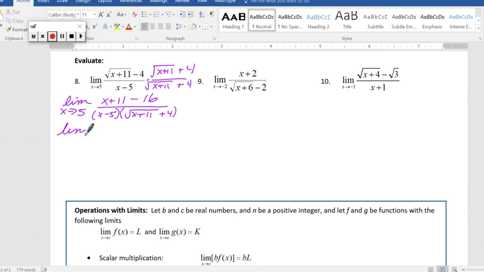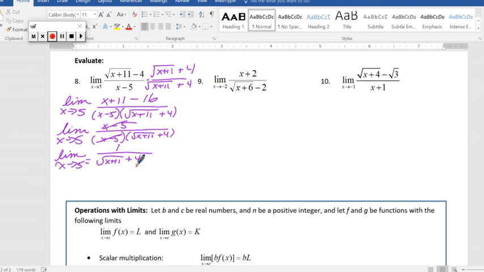Combining like terms in the numerator, keeping my limit notation, I have x minus 5, nice, over x minus 5 times the square root of x plus 11 plus 4. Those are canceling there. So the limit as x approaches 5, to get my final simplified expression, I'm looking at 1 over the square root of x plus 11 plus 4.